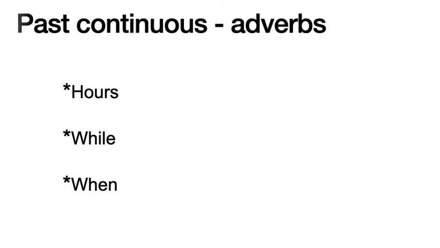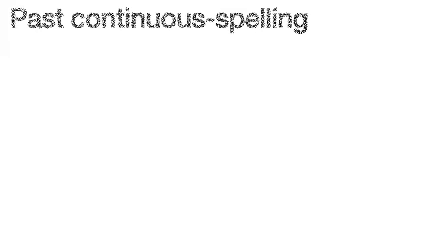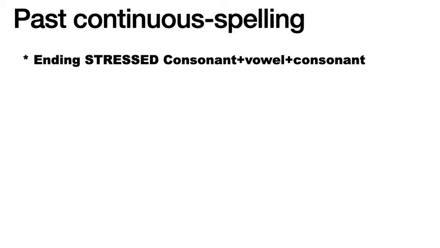Now, regarding spelling, as you know, whenever we add a suffix to a word, it usually involves changes in spelling. In this case, two important rules you have to remember. When the verb ends in stressed consonant, vowel, consonant, you need to double the last consonant.